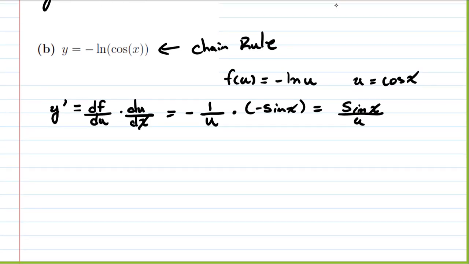Then finally, to get back to our derivative, we substitute back out our u. So u is cosine, so we have sine x over cosine x, and sine x over cosine x is tan x. So the derivative of the negative natural logarithm of cosine x by the chain rule is tangent x.